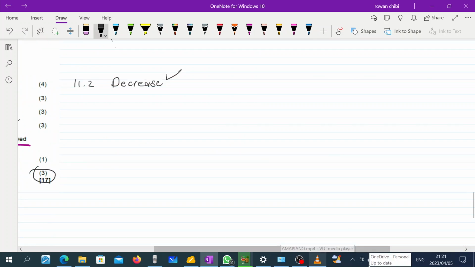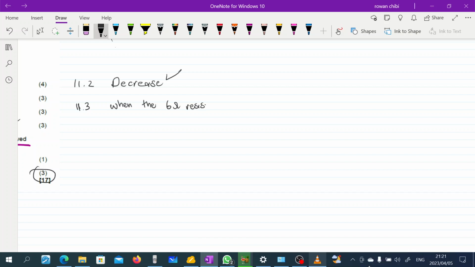So 11.3, we say now, when the 6 ohm resistor is removed, the resistance of the circuit will increase. We saw that it increased from 6 ohm to 7 ohm.